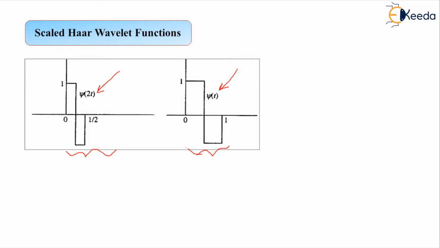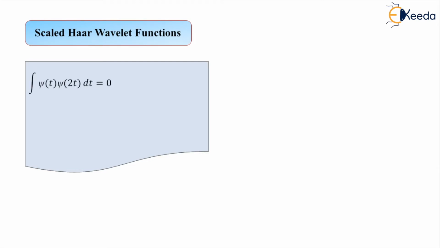However, we can show that W1 is orthogonal to W0. For the orthogonality condition, we multiply the two functional bases, and if the product integrated over the complete time range results in 0, then the condition of orthogonality is satisfied.